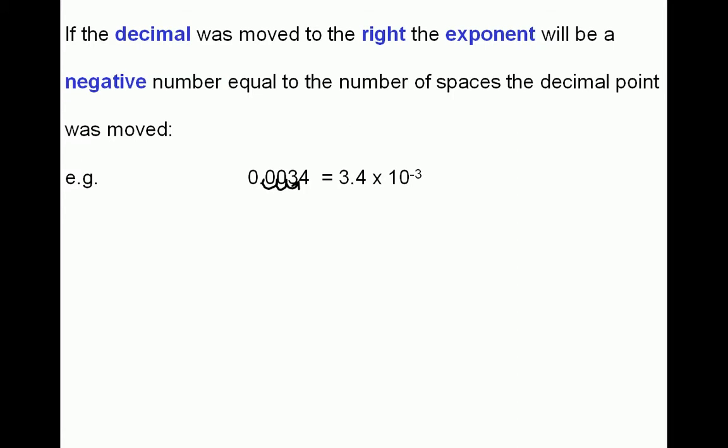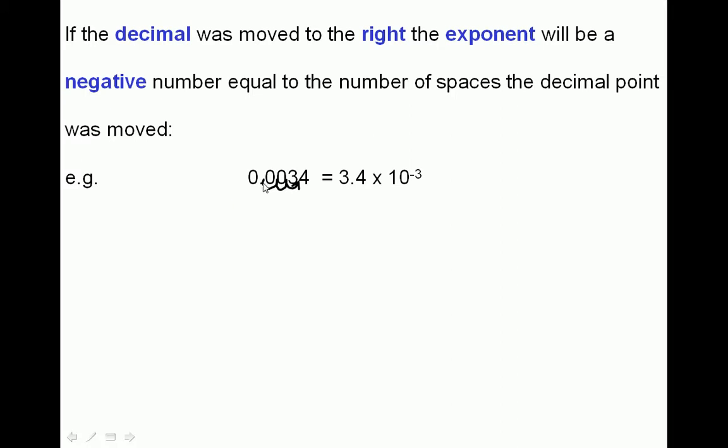If in moving the decimal point so that there is just one non-zero number to the left of it, I move to the right, then the exponent will be a negative number, equal to the number of spaces the decimal point was moved.